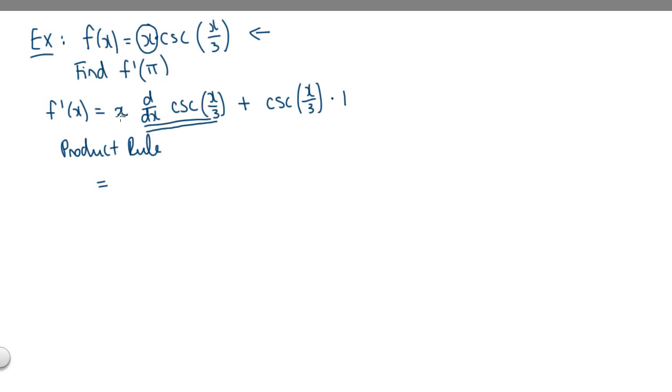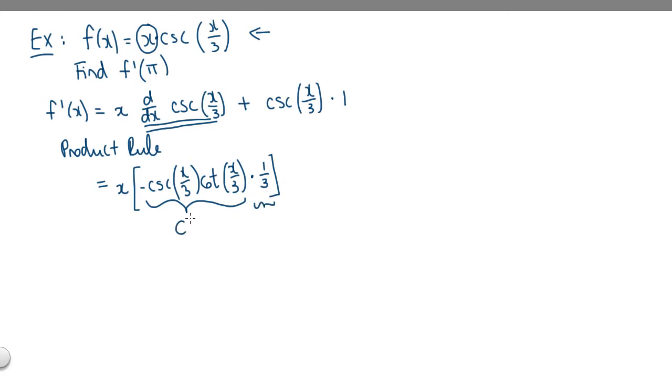So if we just recopy from our previous step, we've got x times, and if we think back to our formula, the derivative of cosecant of a function is going to look like negative cosecant of that function times cotangent of that function. So we're taking the derivative of the outside function, leaving the inside function the same, and then we're going to multiply by the derivative of the inside function.